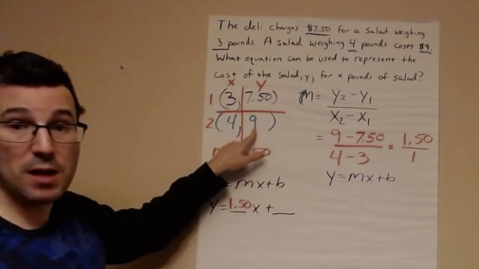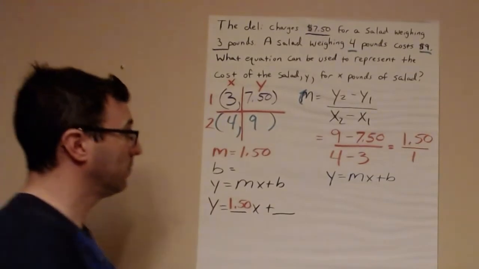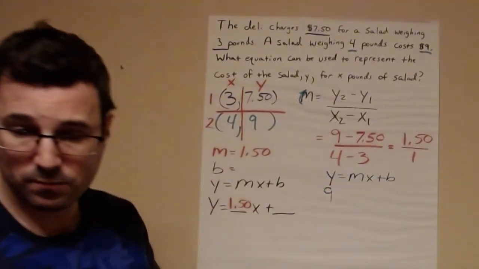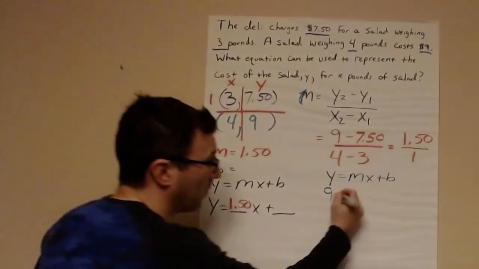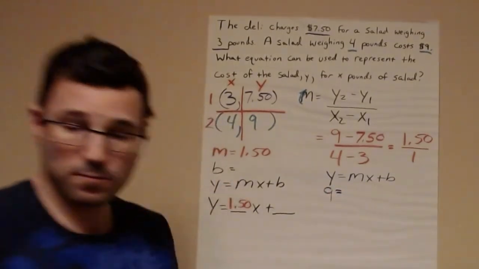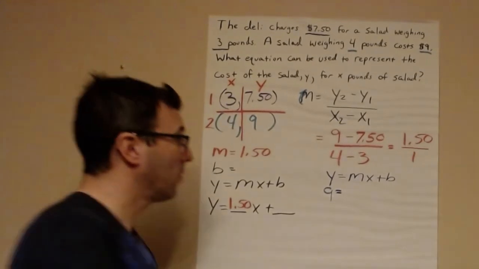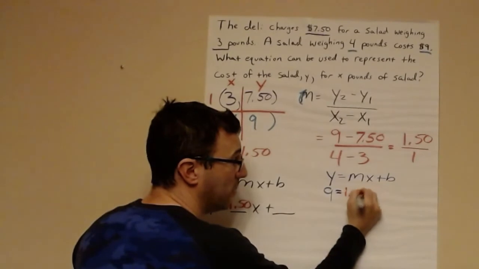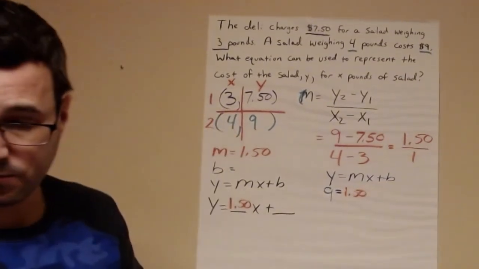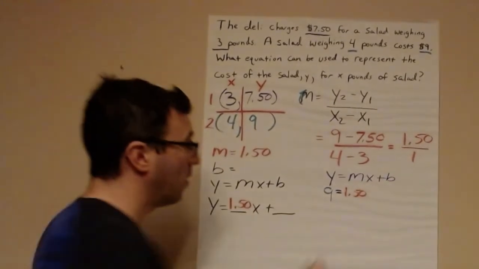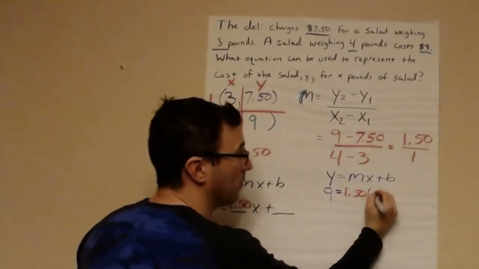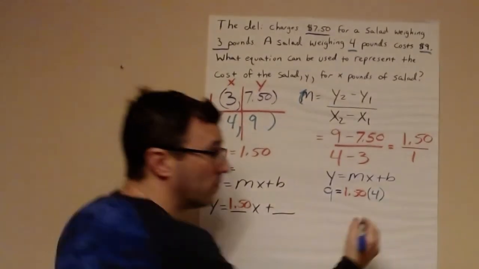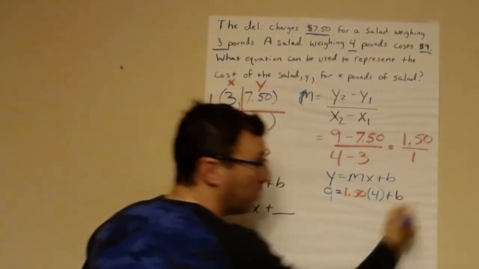So I'm going to just start substituting in. y is going to be 9, equals. We already know that our slope is 1.50. Our x value is 4. And we're looking for b, so we just have plus b.